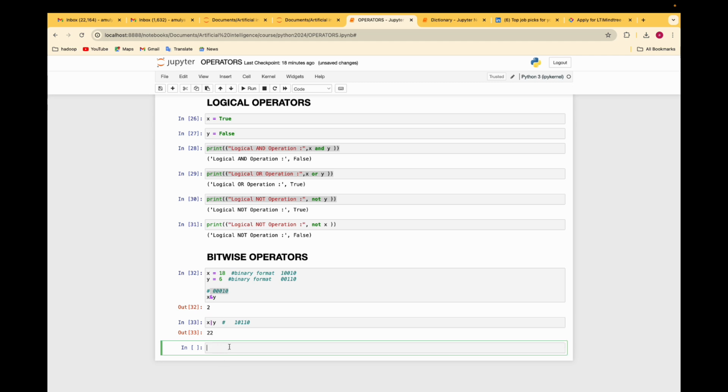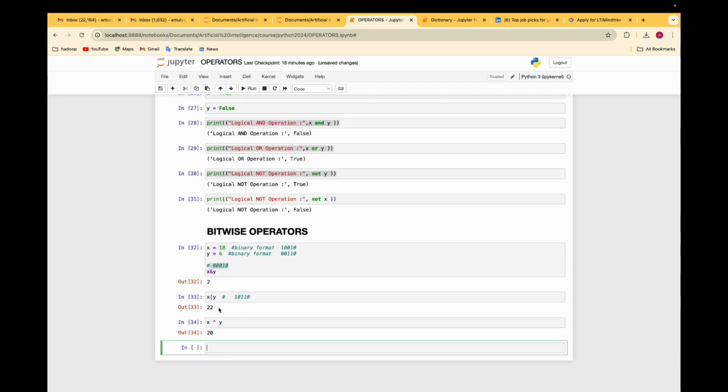How do we do the x power y? It's number 20. It's number 20 as power performs the XOR operation.